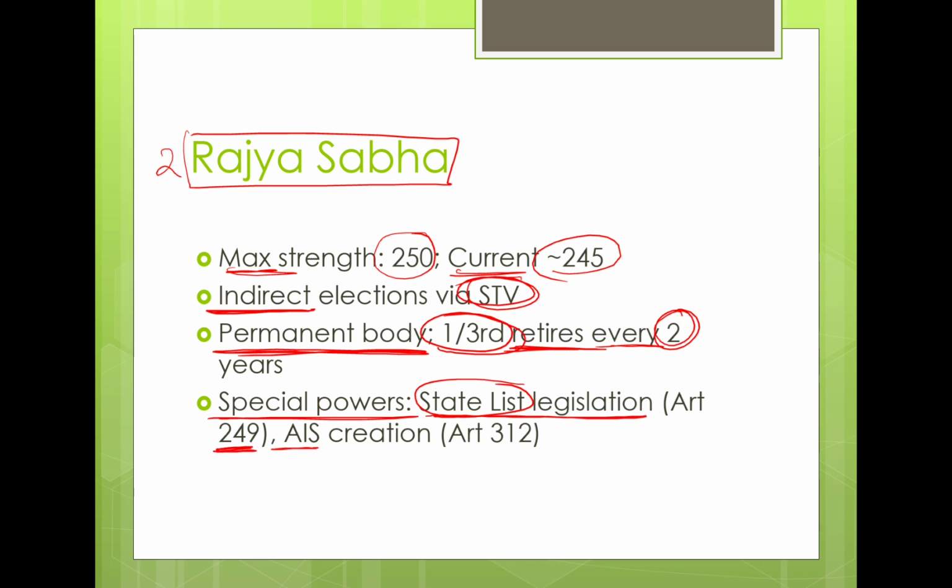And the second one is AIS, All India Services, which includes your UPSC and all India services. If you want to add, delete, or change anything in the All India Services, which comes under Article 312, that power to amend is with the Rajya Sabha and not with the Lok Sabha.